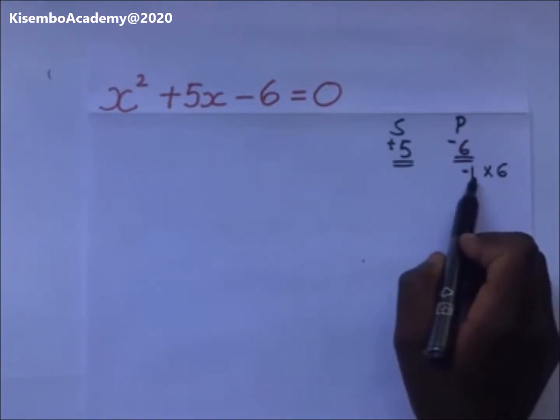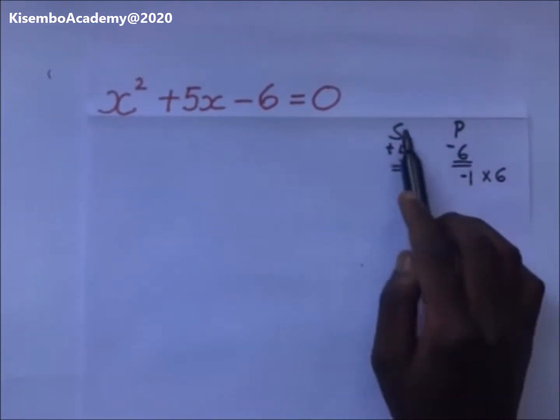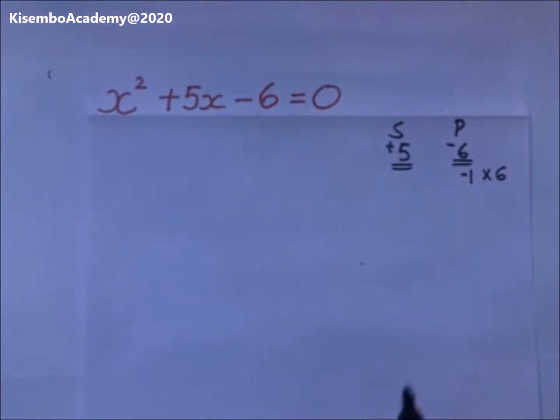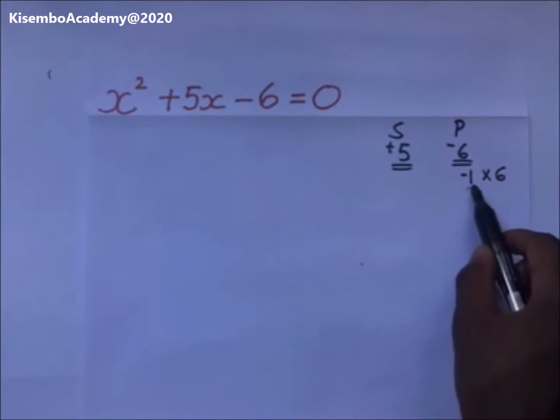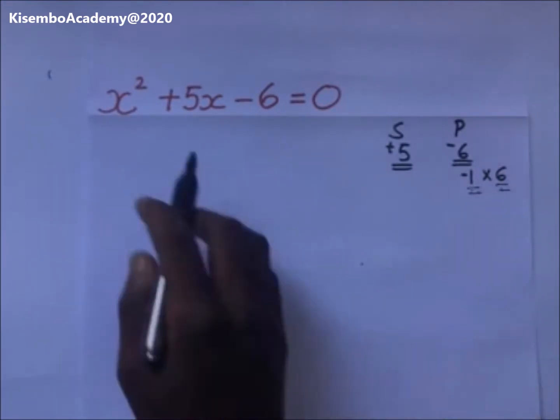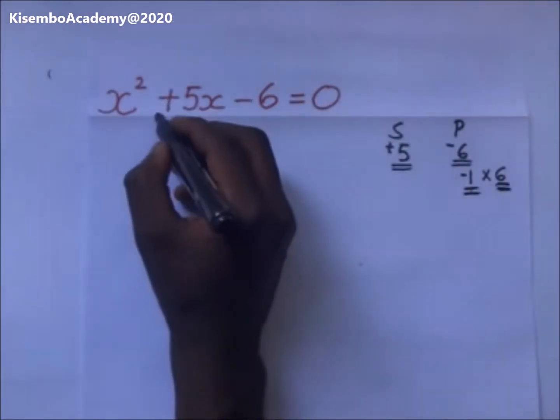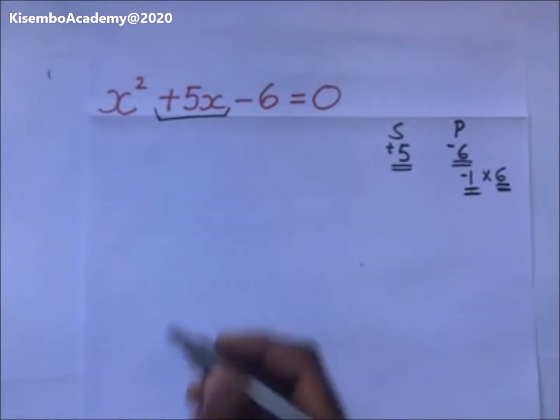Negative 1 plus 6 gives a sum of positive 5. So out of all the factors of 6, we shall go with these two numbers, negative 1 and 6. They are going to replace the middle term.